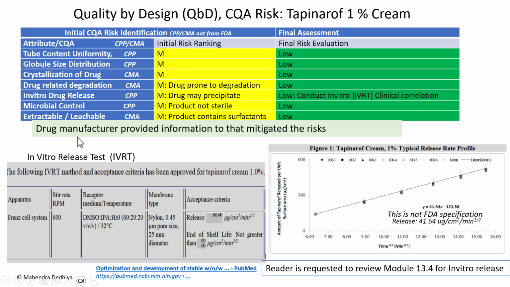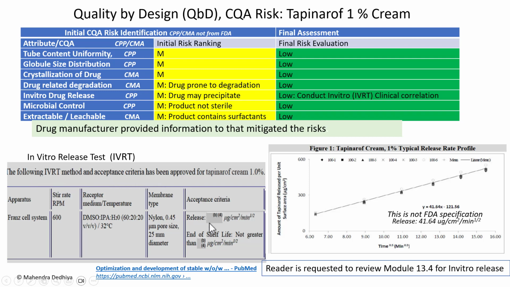Drug manufacturer provided information that mitigated all these risks to low. For in vitro drug release, conduct in vitro IVRT clinical correlation study. Based on that, in vitro release test specifications were provided and were accepted by FDA for the drug.